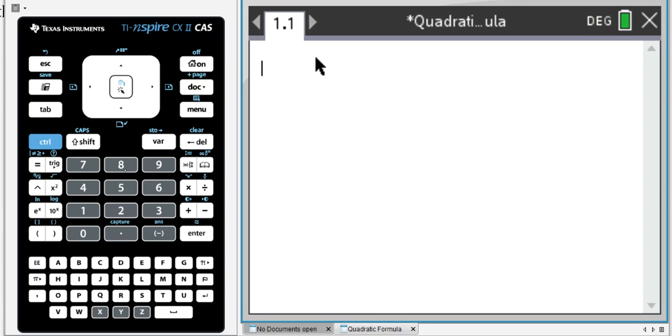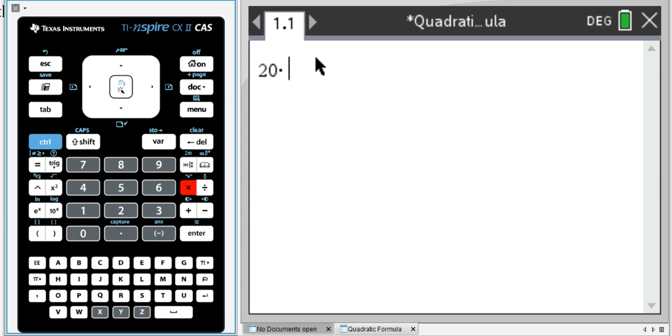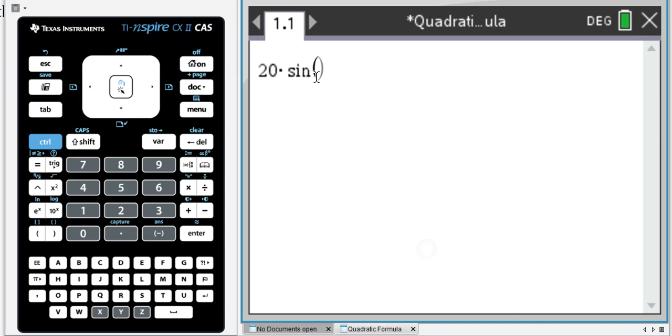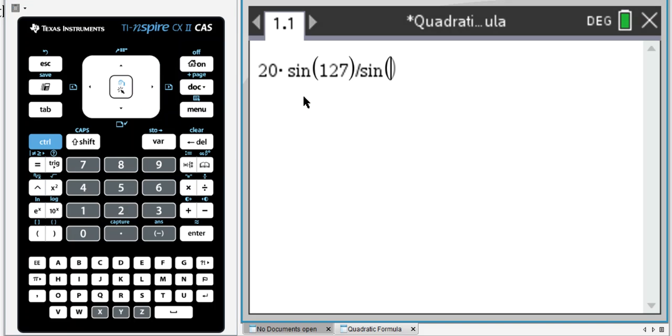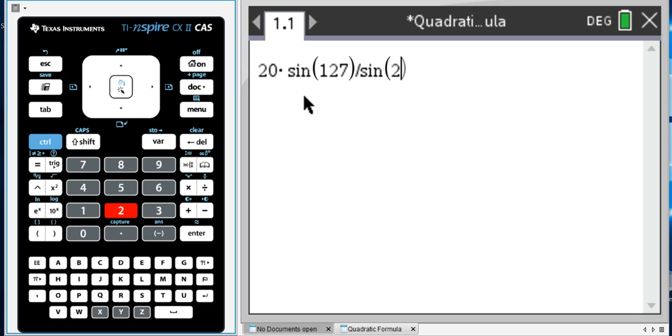And now I'll just enter the expression: 20 times sine of 127, move my cursor out of there, and then divide by sine of 28 degrees.